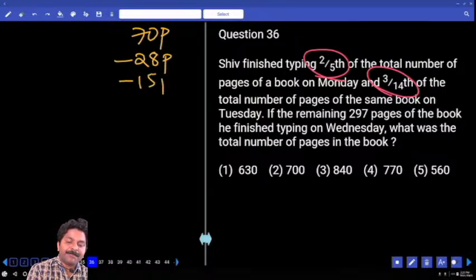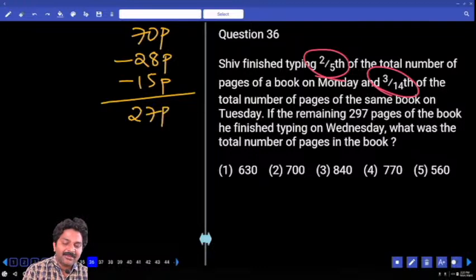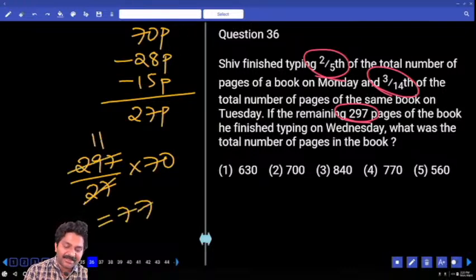So 15 parts and then 28 parts, both together 43 parts. If 43 parts are over, out of 70, remaining are 27 parts, which is equal to 297. Then one part is equal to 297 by 27. That is 11. Total number of pages are 70 times 11, 770 final.